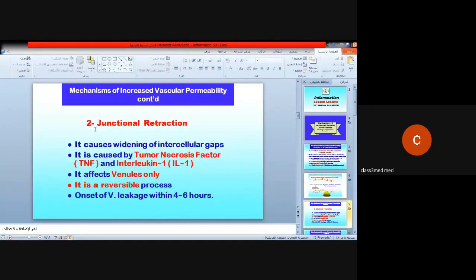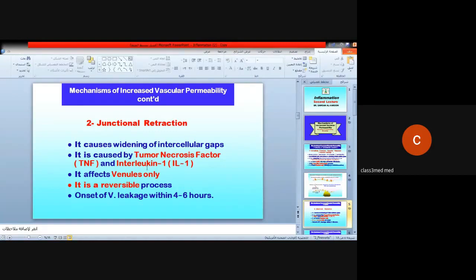The second mechanism is junctional retraction. It is the same as the previous mechanism, but there are some differences between them. It also causes widening of intercellular gaps by junctional retraction, and it is caused by tumor necrosis factor, TNF, and interleukin-1.